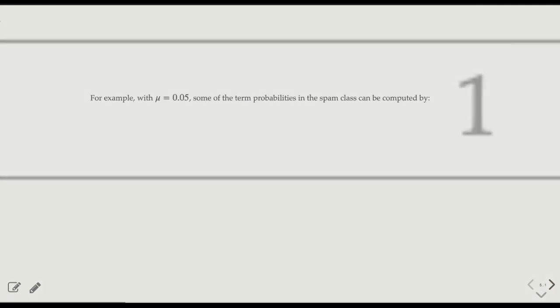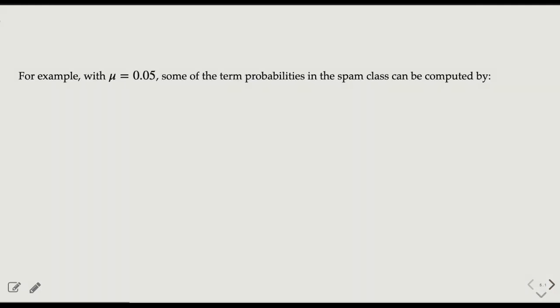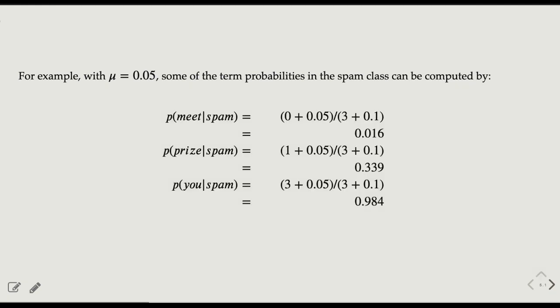Following this strategy, if we choose mu as 0.05, some of the term probabilities in the spam class can be computed. For example, the probability of meet in the spam class, which was originally 0, but now after this normalization and smoothing, we are going to get a very small value of probability, but it's not 0.